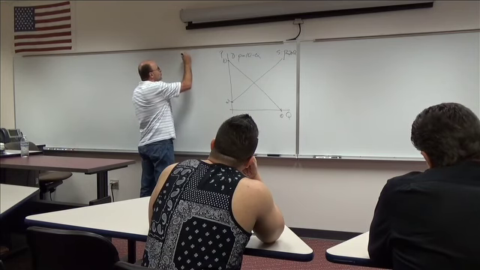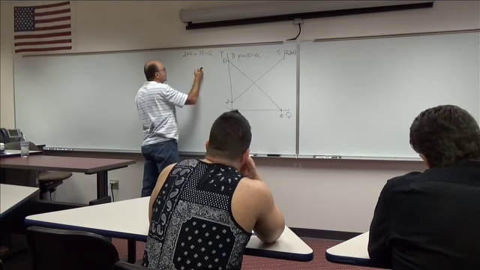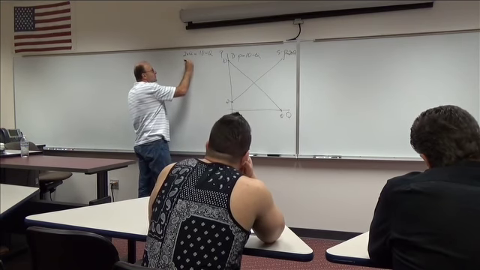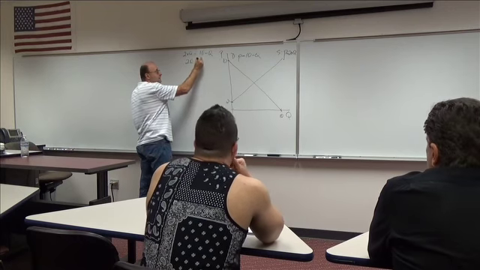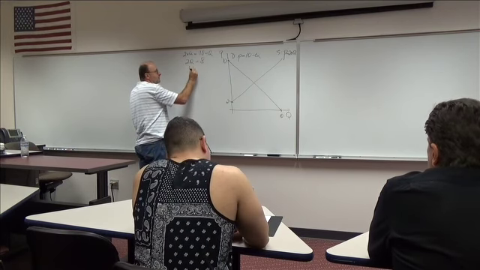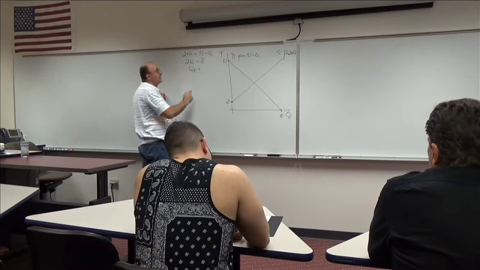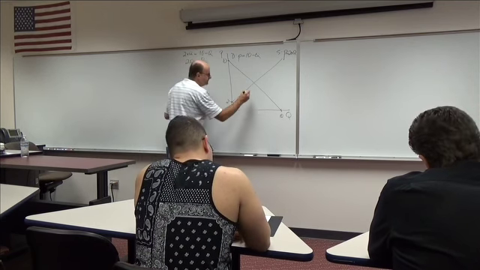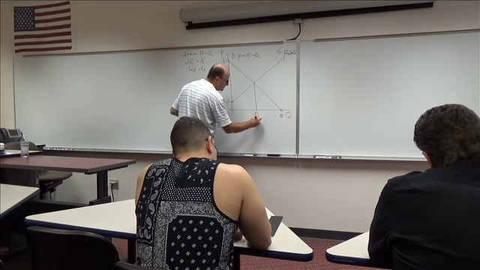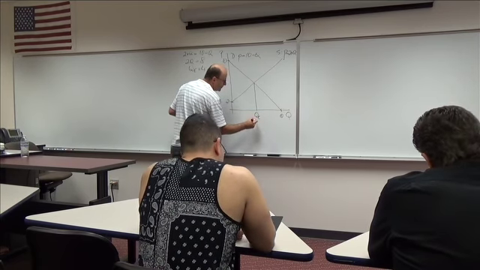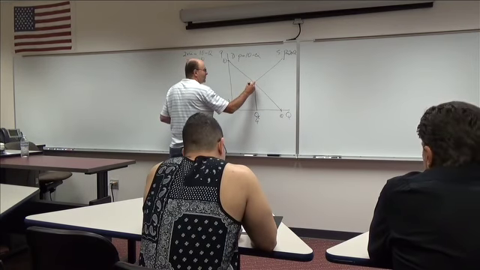So we put 2 plus Q equals 10 minus Q. 2Q equals 10 minus 2, so equilibrium quantity is 4. 4. Very good. Equilibrium quantity is 4. How do we find equilibrium price?